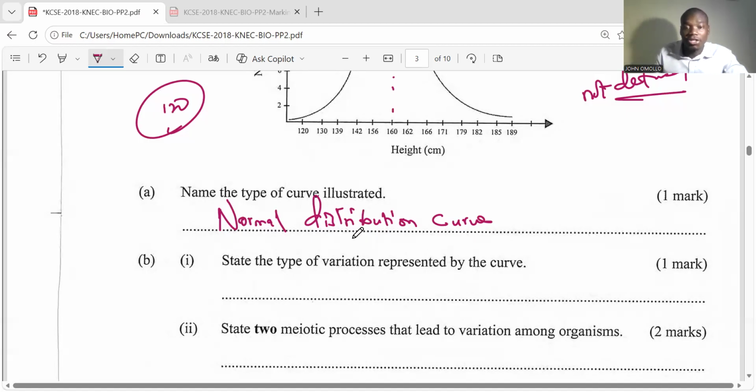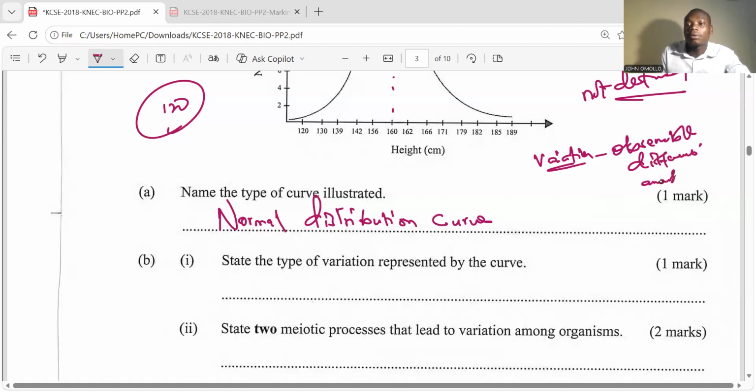So this is a normal distribution curve. State the type of variation. So we have two types of variation. And what is variation? Variation is just observable differences among different organisms. Now you realize that there's a big difference here.